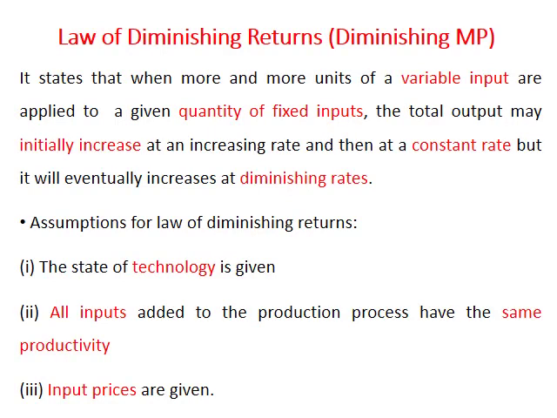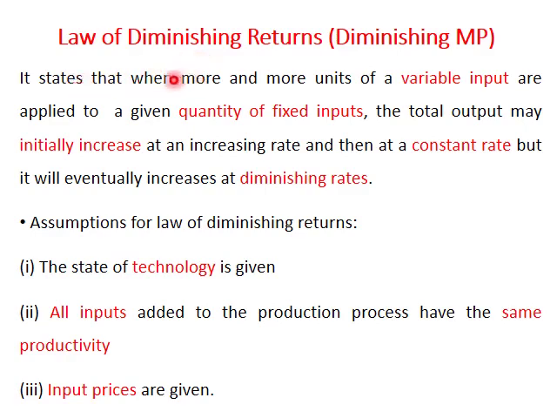This is the law of diminishing return, and it is an important concept in short-run production. In short-run production, the law of diminishing return clearly explains the combinations of input which can maximize the overall output.